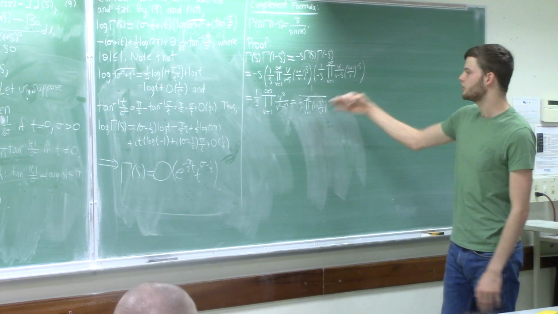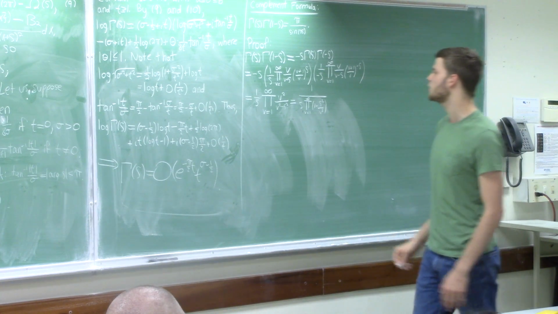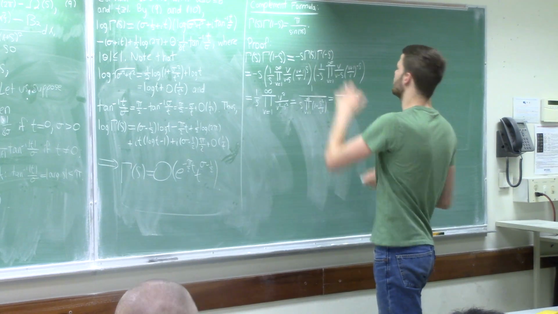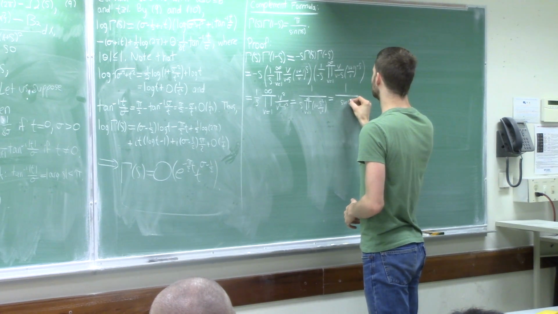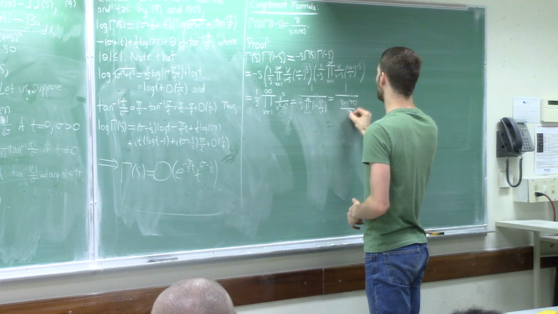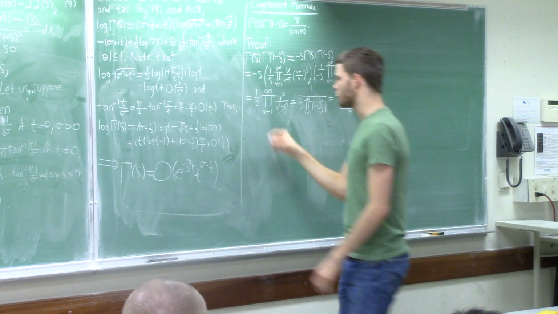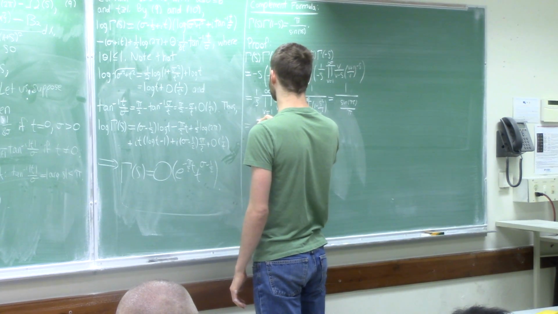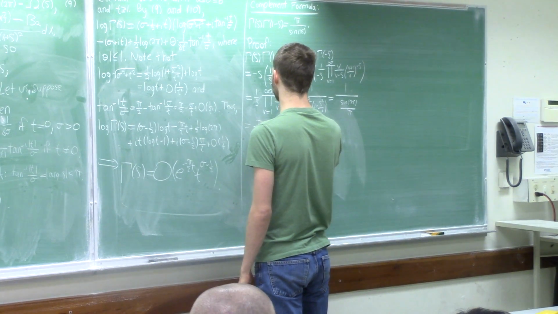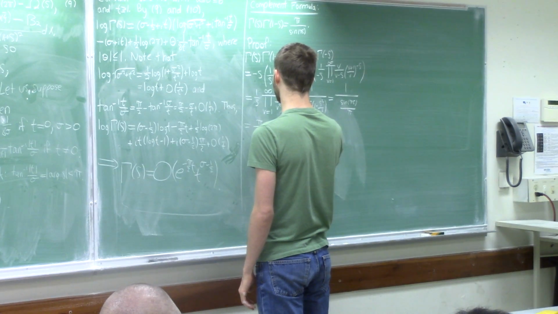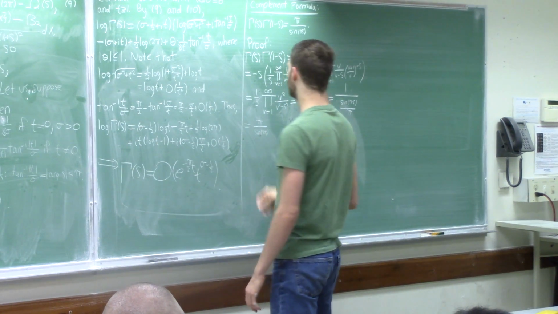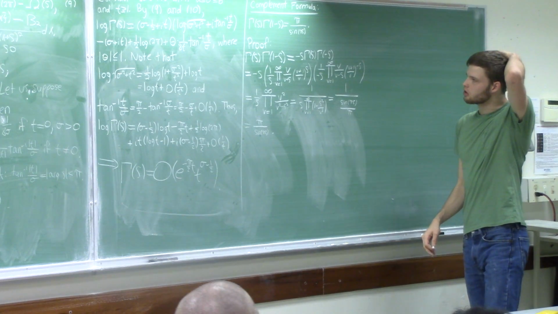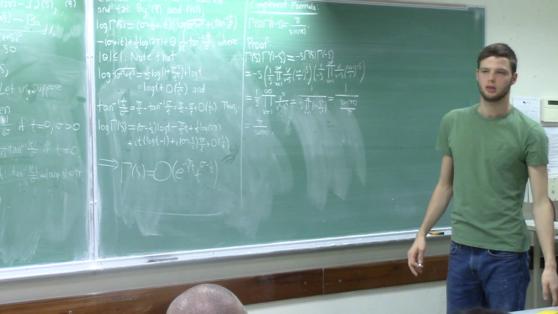So you can recognize that this is basically just the sine function, and this turns out to be 1 over sine pi s over pi. And of course, this is the reciprocal of that, so this is pi over sine pi s. So it follows pretty easily just from our product representation for the gamma function.